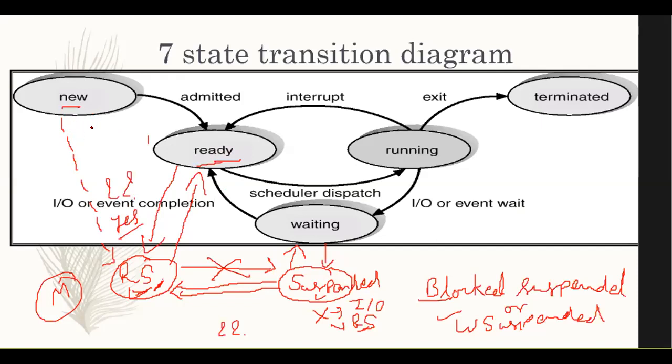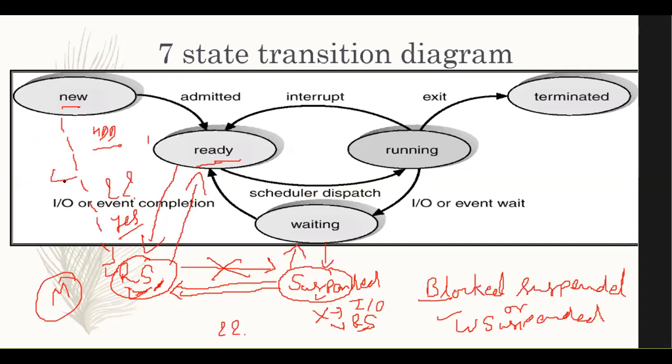They will be in the hard disk itself, but in ready suspended, because ready suspended says that whenever my RAM or my ready queue gets free, I immediately need to send those processes which are waiting to run on the CPU. Since those processes got created, they will be in the ready suspended state. So yes, we can have this particular arrow also.